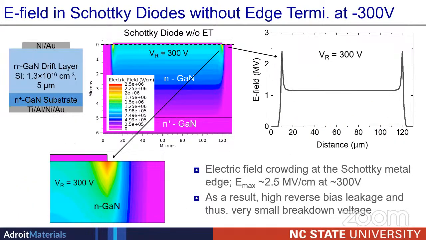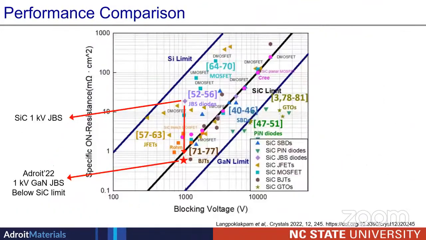That is why we wanted to make the junction barrier Schottky diode using P-type implantation in gallium nitride, so that we can compete, or provide even better device performance than silicon and silicon carbide. I can show that using this matrix, where all these dots, triangles, or squares are from silicon carbide, the current technology.